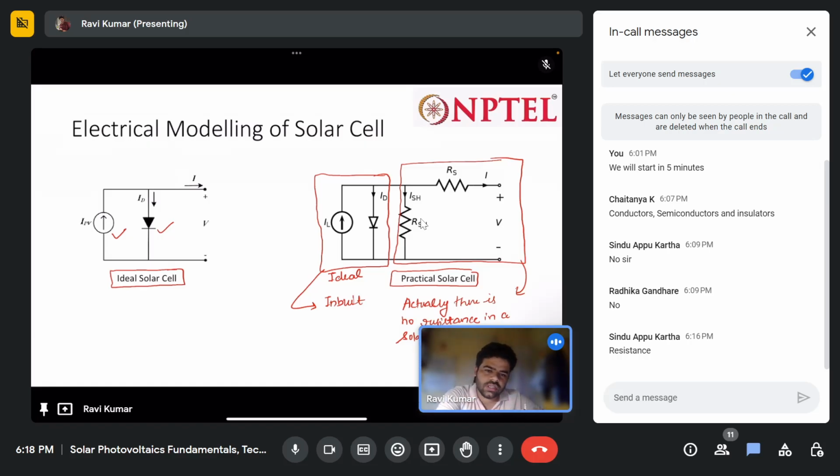Actually, there is no resistance in a solar cell, but these resistances are coming due to some phenomena, which you will tell me right now.